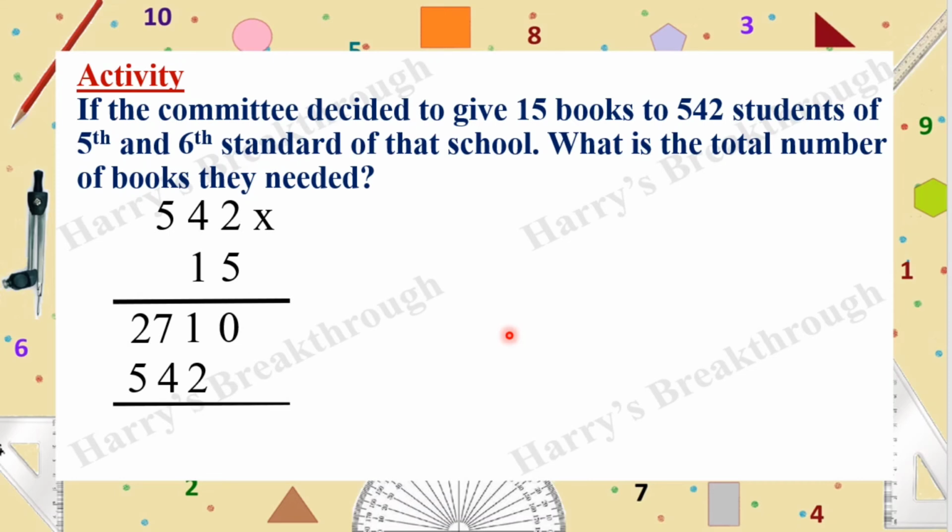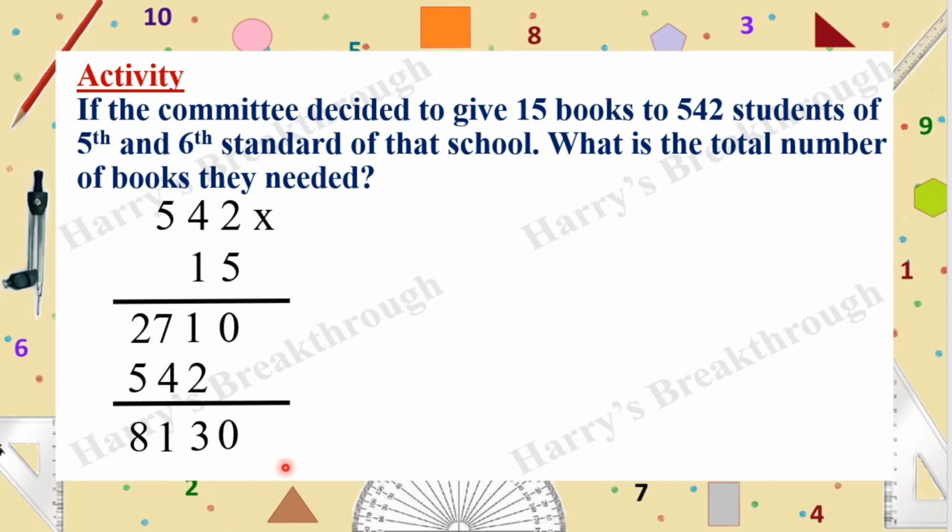And let's add these two numbers. 0, 1 plus 2, 3, 7 plus 4, 11. Let's put 1 and remainder 1. 5 plus 2, 7, and plus the remainder from the previous step, so 8. So the answer is 8130. We got this answer from the first method.